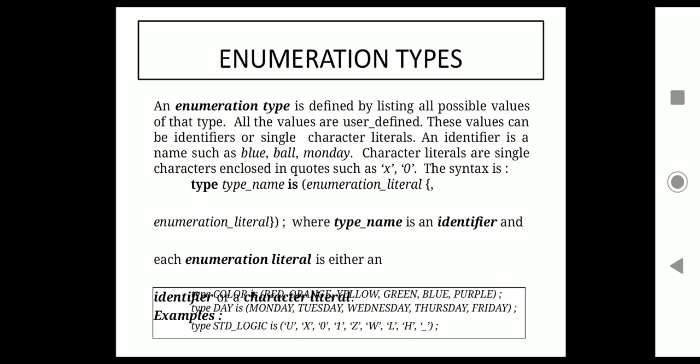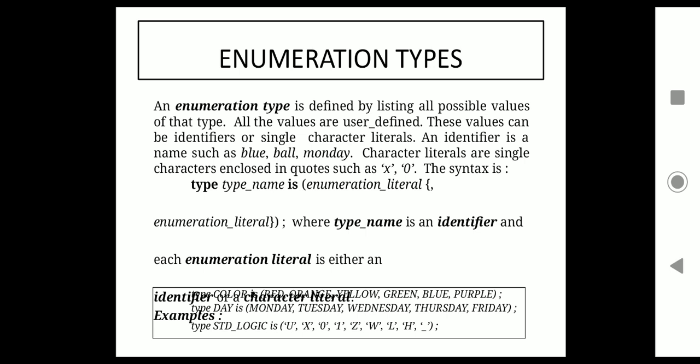Now first we will start the discussion with the enumeration type. An enumeration type is defined by listing all possible values of that type. All the values are user defined. These values can be identifiers or single character literals. An identifier is a name such as blue, ball, Monday, Sunday, anything.